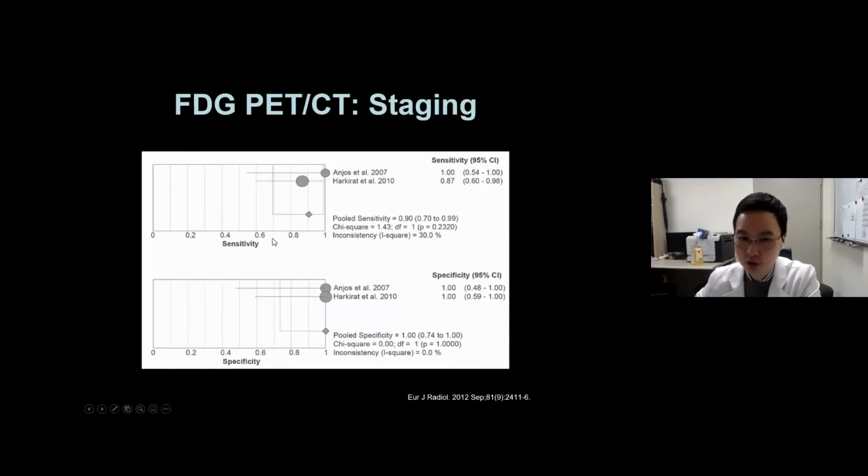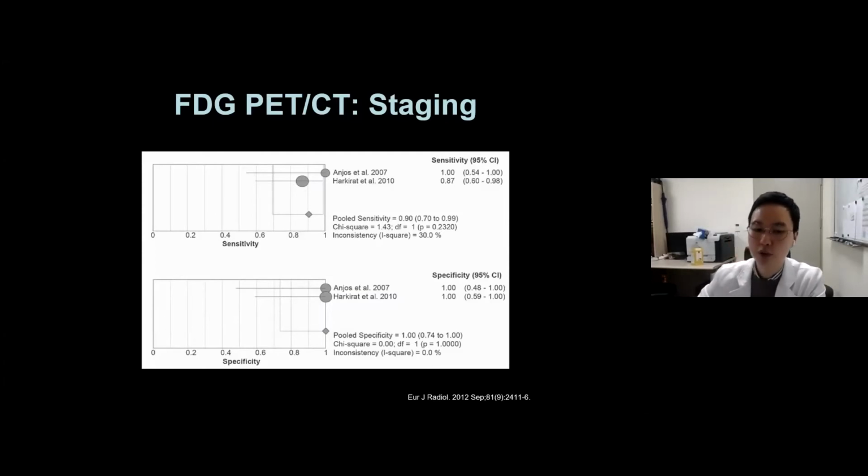From the meta-analysis, they have shown a high pooled sensitivity and pooled specificity of 92% and 100%. However, only two studies were involved, so it is a very limited number of studies, and we need more studies to seek the diagnostic performance.